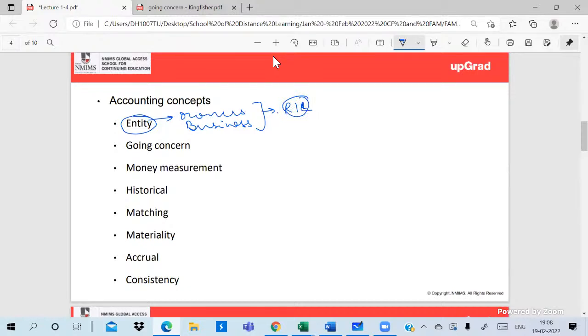Let's say Reliance Industries incurs an expense which is a personal expense for Mr. Mukesh Ambani. Let's say they book the holiday tickets for Mr. Mukesh Ambani and his family to Australia, and they incur a cost of, let's say, 25 lakhs. This is an expense which should have been borne by Mr.